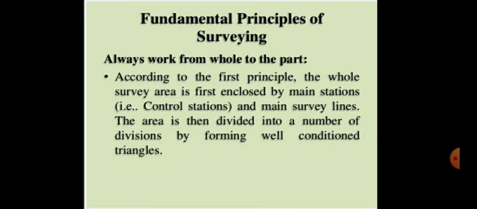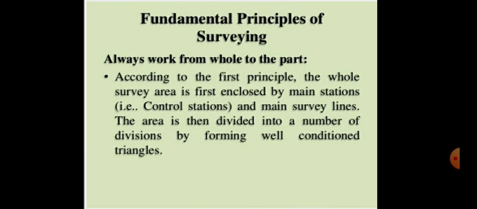If the survey is to be done in a large area, we first point out the main control stations or control points and the main survey lines. From there you come to the small triangles or small areas with reference to those control points and survey lines, so that mistakes and errors can be reduced. It is also called localizing the errors and mistakes.